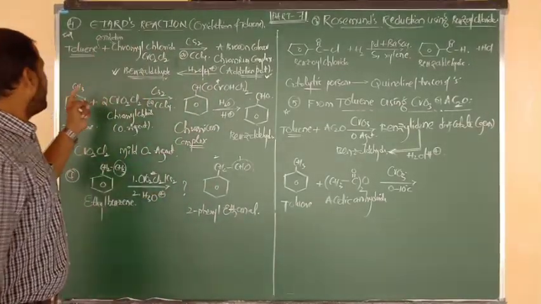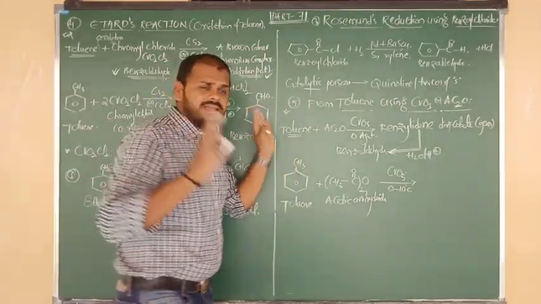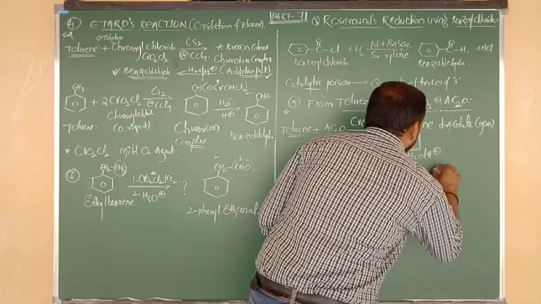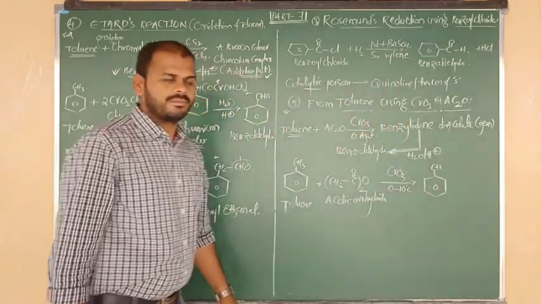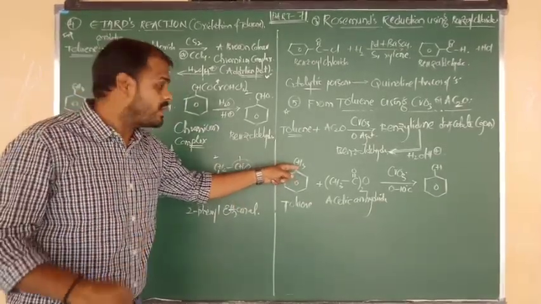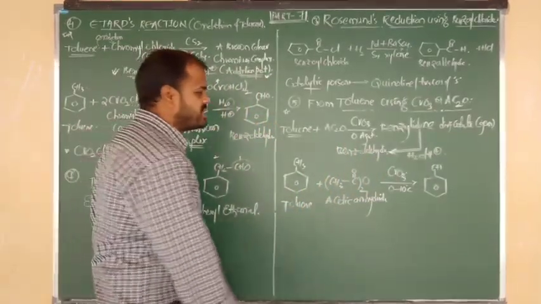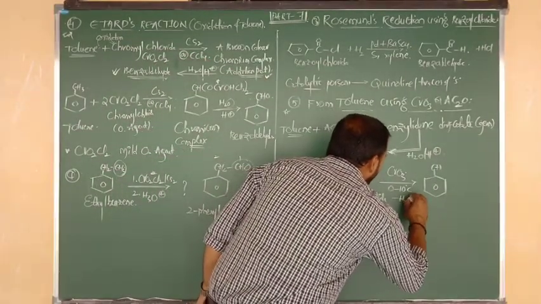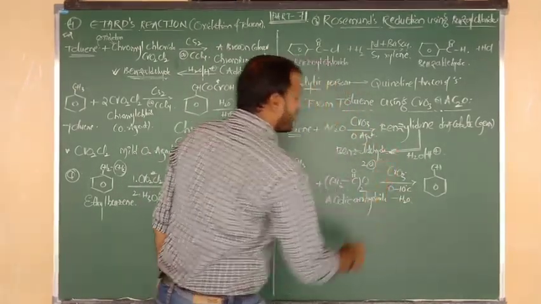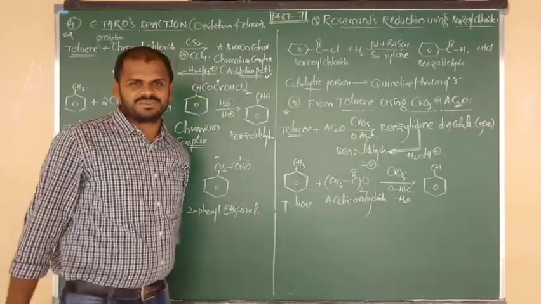Benzene bonded to CH3 changes into CH. Here the remaining two hydrogens take one oxygen from this molecule, provided by the oxidizing agent, and are eliminated in the form of a water molecule. Actually, in this reaction we have to add 2 moles of oxygen atoms, and these 2 oxygen atoms are provided by the oxidizing agent.